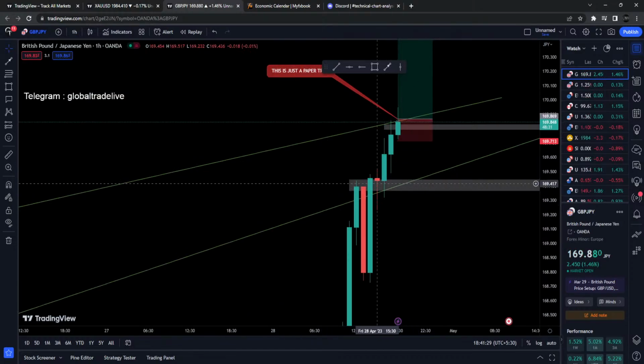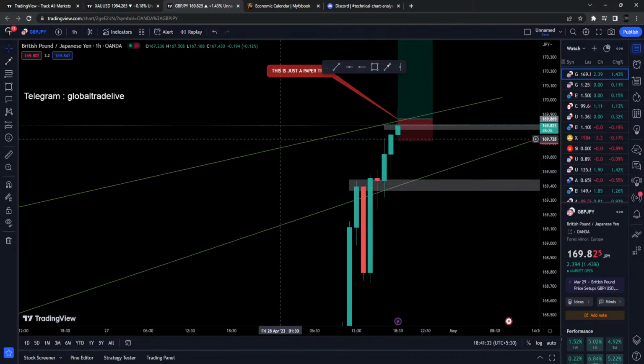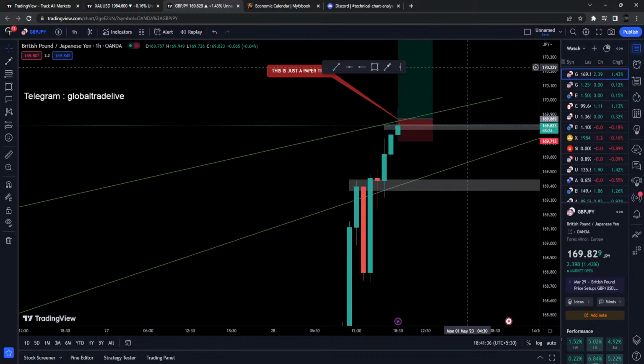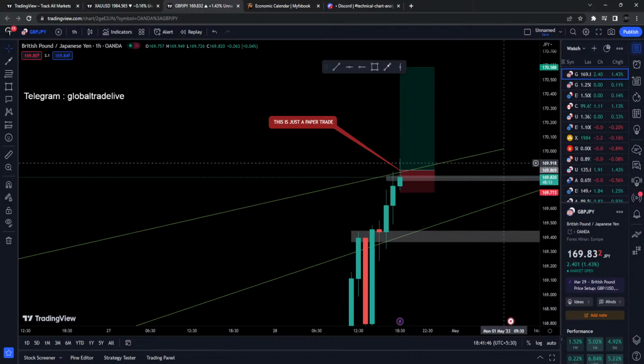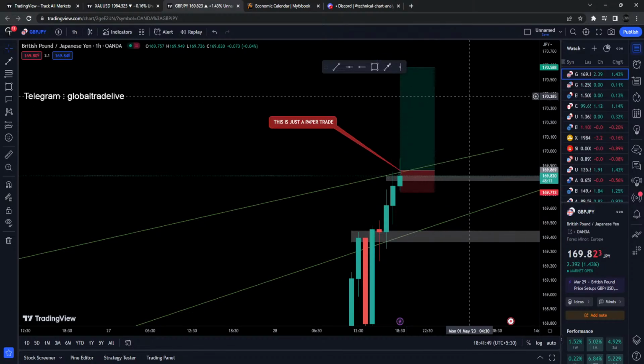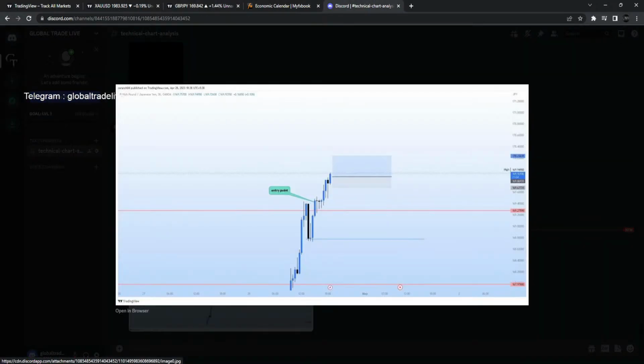I always do that. Whenever I lose a trade on a smaller time frame, then I'll always look at the bigger time frames as well, because whenever you enter a trade in a bigger time frame, your probability of winning really increases. Although the stop loss on the other hand also increases a little bit, but that can be managed by looking at the lower time frames. But yeah, it was a nice entry over here, without any issues.